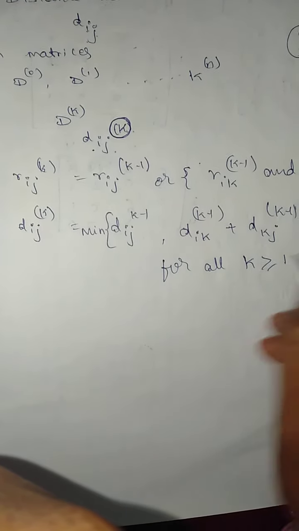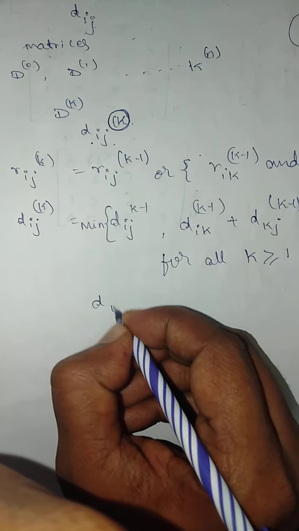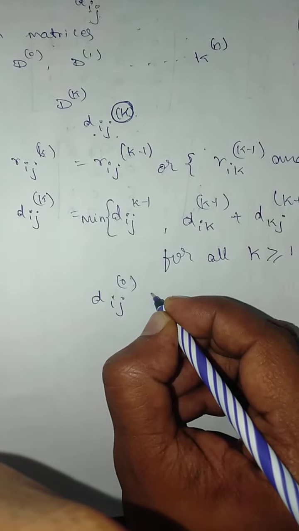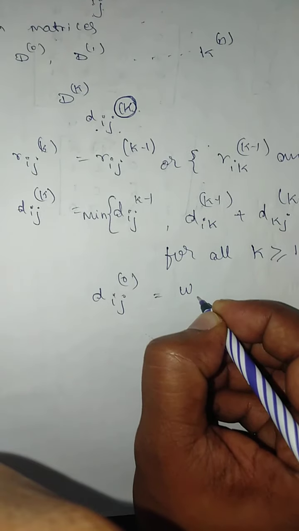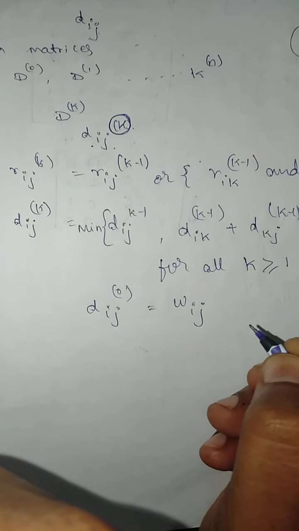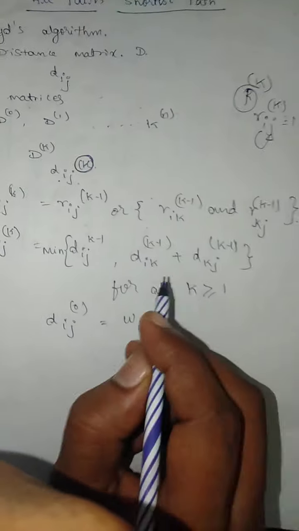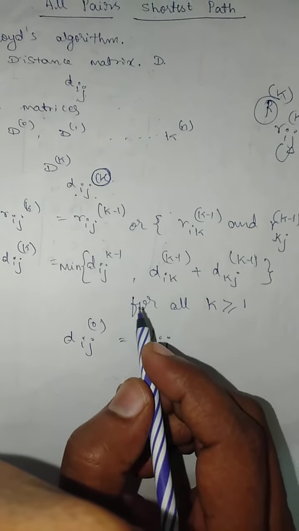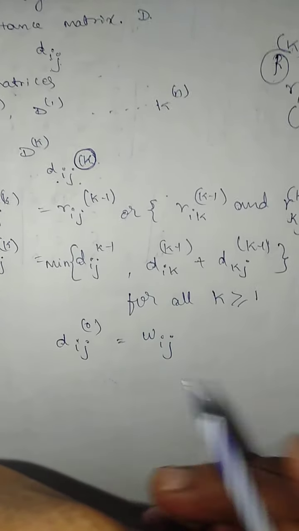And Dij of 0, the very first distance matrix, is nothing but the weight matrix W. We will better understand this, and come back to this formula after solving the example.